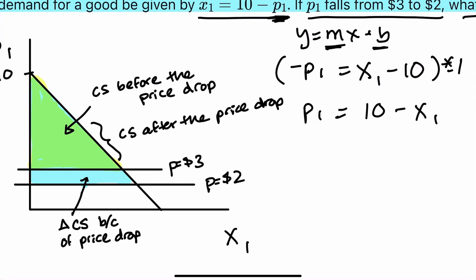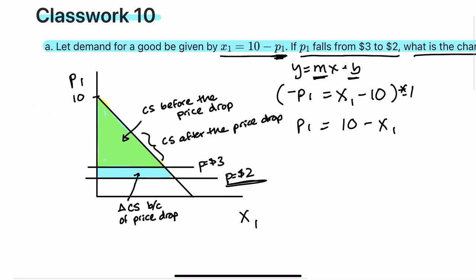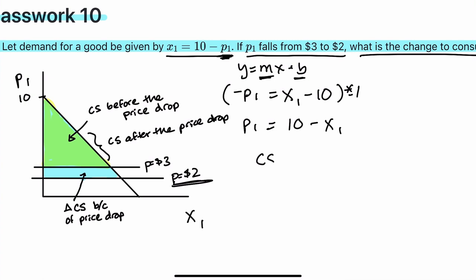To figure out the area of the blue trapezoid, I'm going to take the consumer surplus for $2 and subtract off the consumer surplus for $3. So what is the consumer surplus under P = 2? Well, it's a triangle, so it's 1/2 the base times the height.